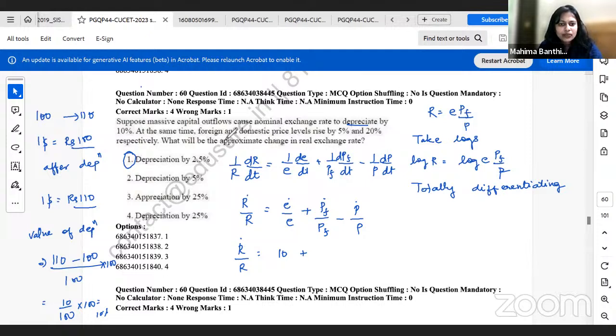At the same time, the foreign price level rises by 5% and the domestic price level rises by 20%. So foreign price level is 5%, domestic price level is 20%. We put in those values and we get the answer as -5. -5 means, and this is an approximation, 5% appreciation. All right, so my answer is 5% appreciation, which is not matched by any of the options.